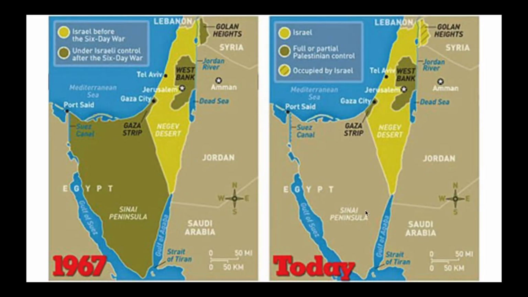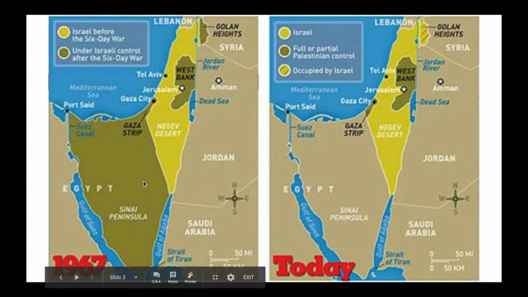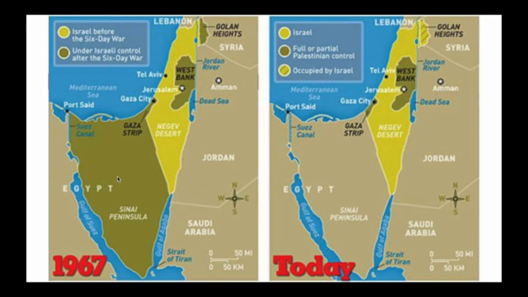After the war, Israel had control over all of this territory shown in dark green, including the Sinai Peninsula, which it eventually gave back to Egypt. The map on the right shows the borders as they are today. Although continued settlement building and the construction of the security wall by Israel may cause these borders to change.